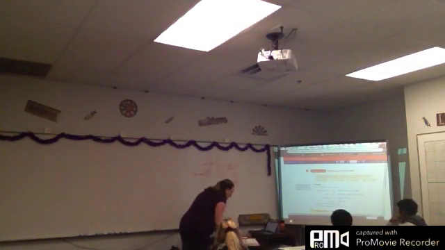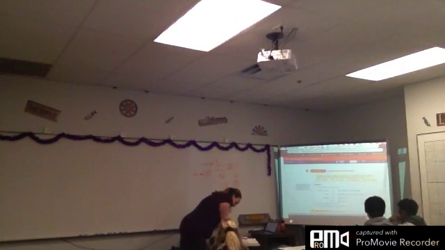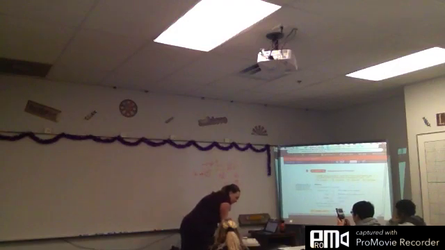Did it say 6.25 e to the negative 6? Mine just said 0.00000065. Okay, yours is a little different than mine. Yes, 6.25 e to the negative 6, okay.